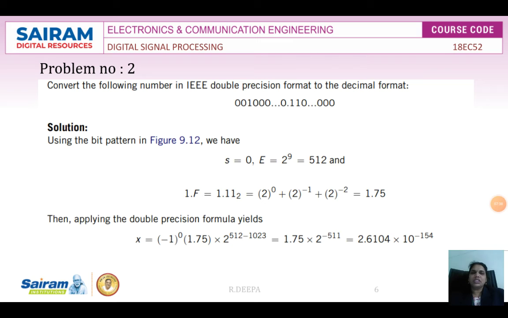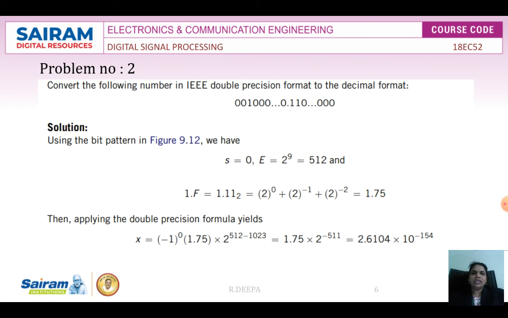You need to convert this double precision format into an equivalent decimal number. So the given data is 001000 and so on up to 0.11000. Using the given bit pattern, we can observe that the sign bit is 0, hence it is going to represent a positive number.